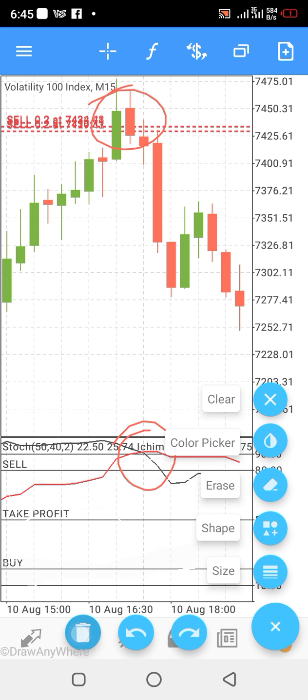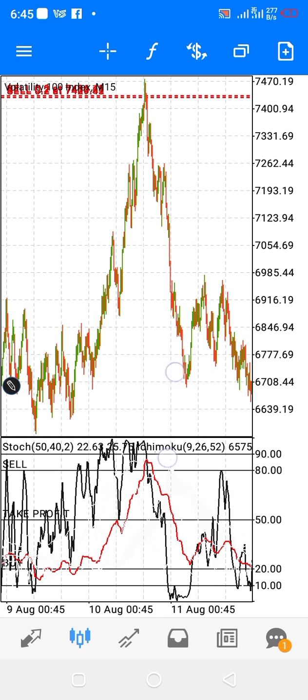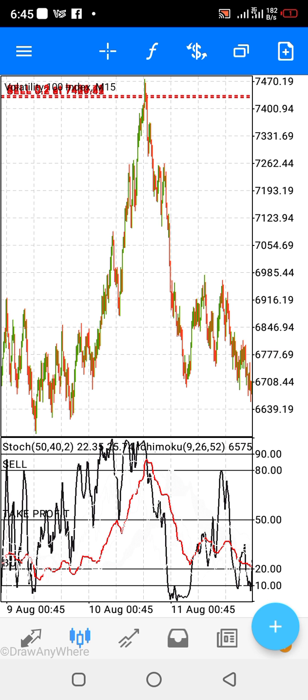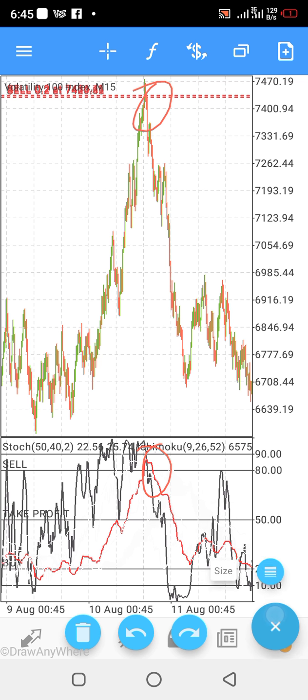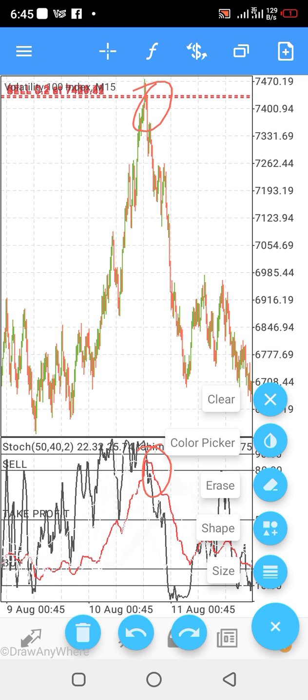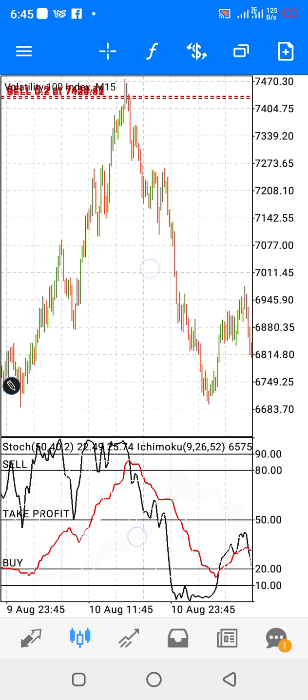And if you go to the minute one too, it is also happening the same at this place. So it doesn't even matter your zoom level.